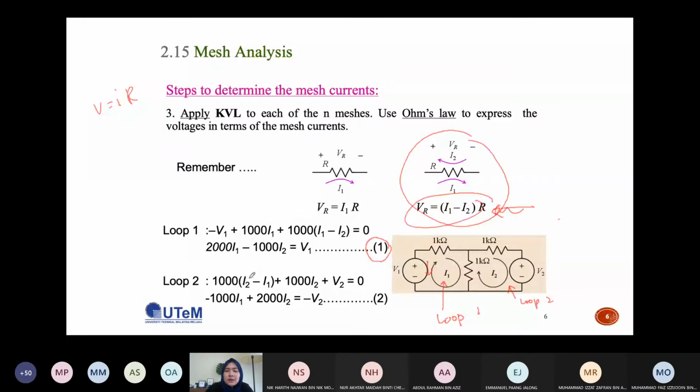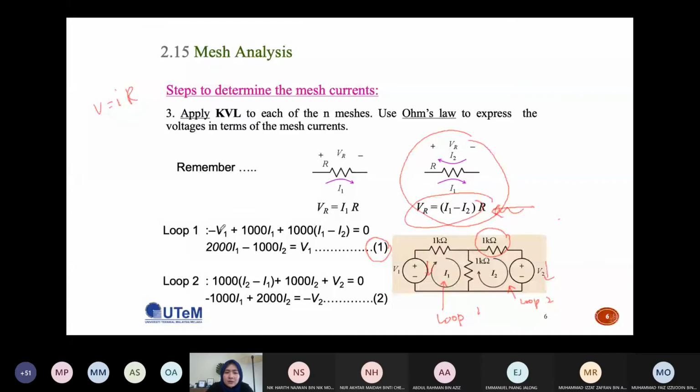So this will become I2 minus I1 plus 1 kilo ohm multiply with I2 plus V2. Why plus V2? Because it is positive negative, so the direction is the same as I2. So it is positive V2. This one is opposite direction, that is why we have negative.